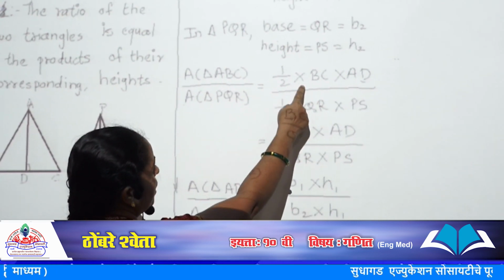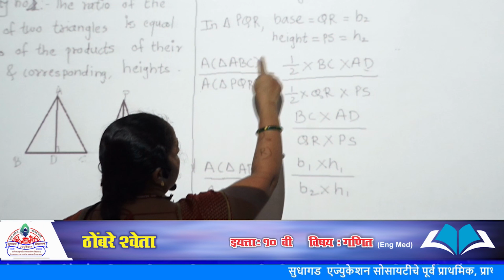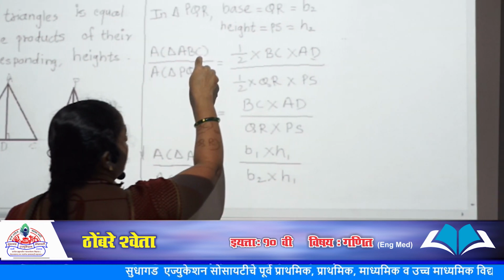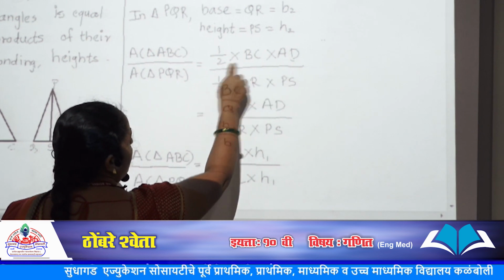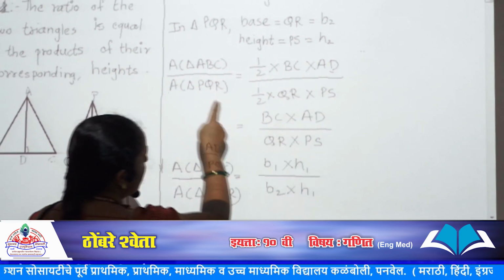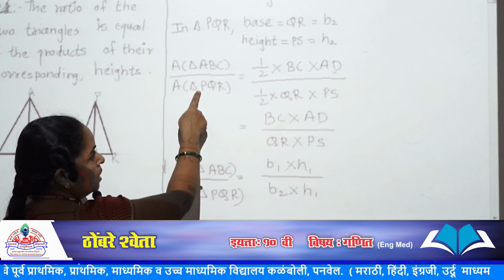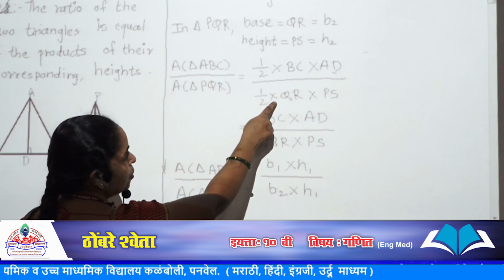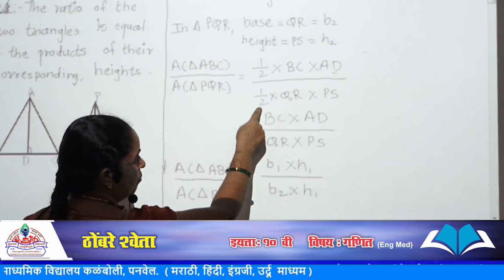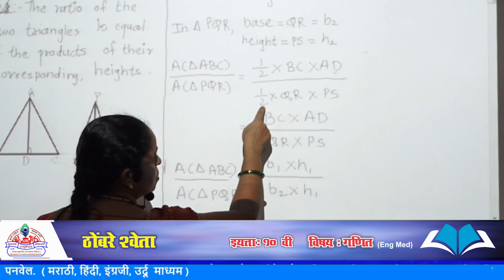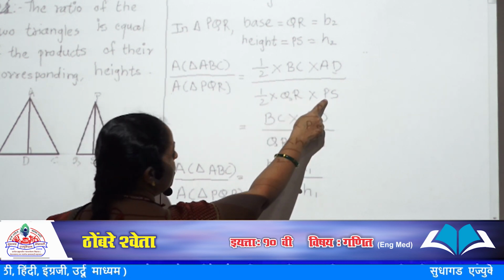So 1/2 into the base of triangle ABC, BC, into the height of triangle ABC, AD. Now see the second triangle PQR. Here also the same formula we are going to use, 1/2 into base into height. That means 1/2 into QR into PS.